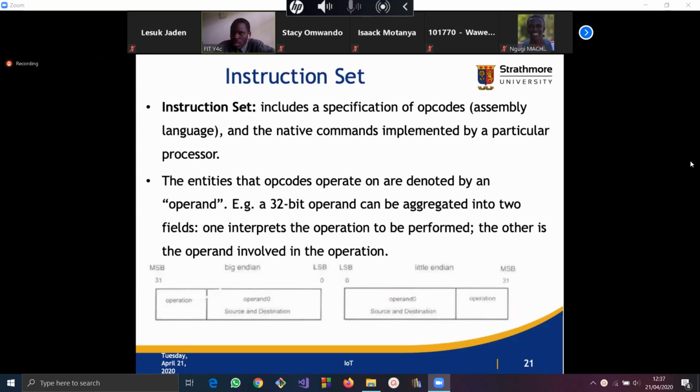It's the same with the microprocessor; some use a different language from another. For example, down here we have an instruction set. You have the operation, the op, and then you have the operand.